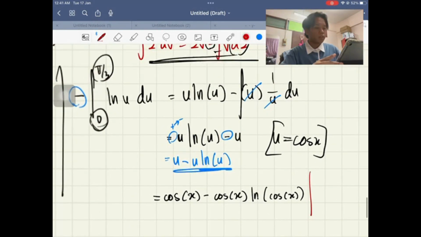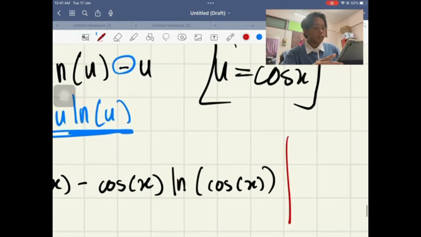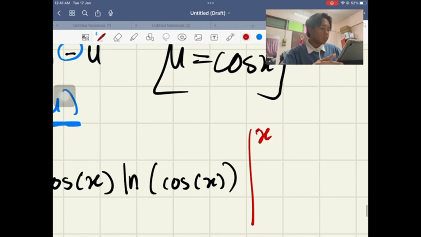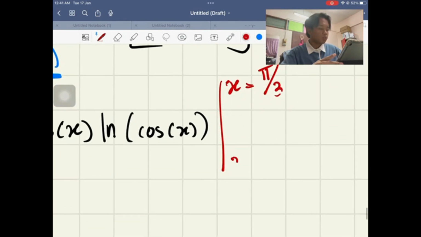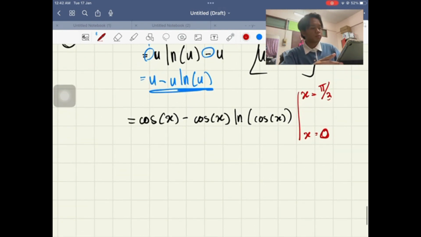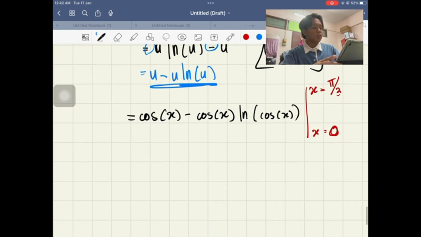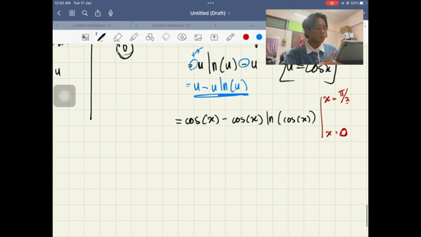So we have pi over 3, x equal to pi over 3, and 0, x equal to 0. And then we put the limit inside the x.